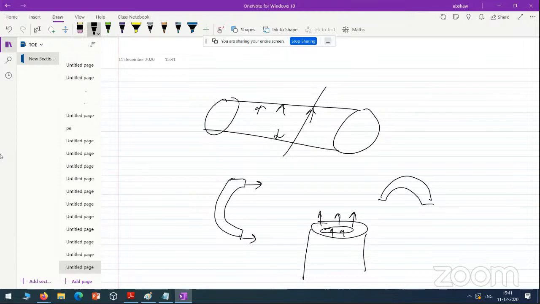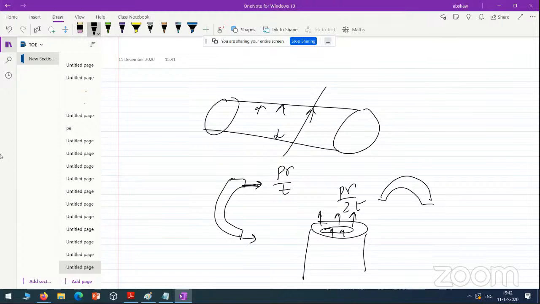If you recall, the hoop stress is PR by T, and the longitudinal stress is PR by 2T, where P is the internal pressure, R is the radius, and T is the thickness. This holds if the thickness is very small.